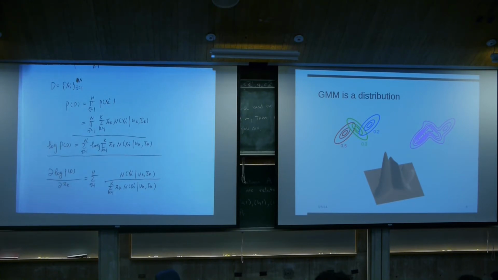You will get something really complicated like this. And if you set this derivative to 0, in this equation the parameters mu_k and pi_k are coupled.